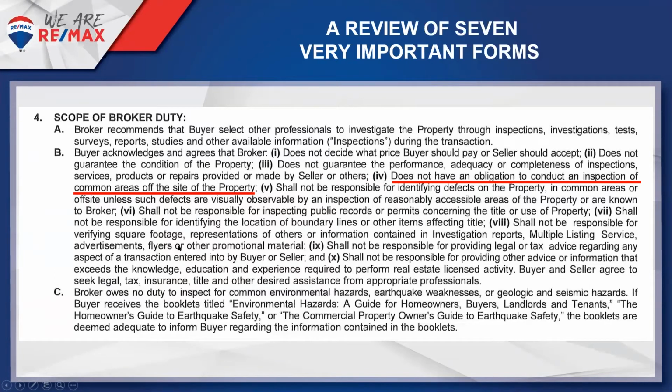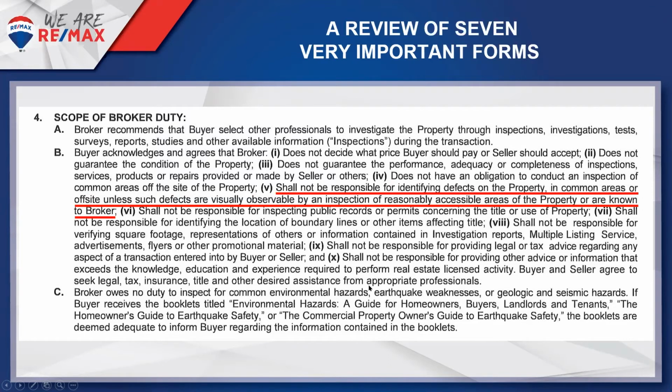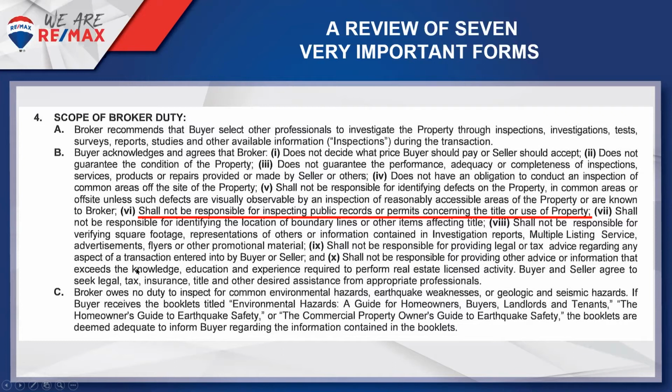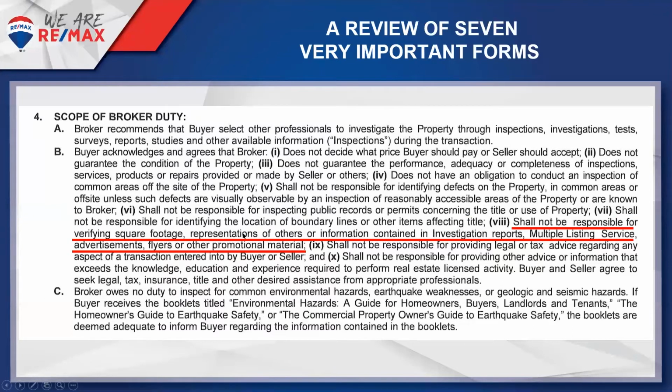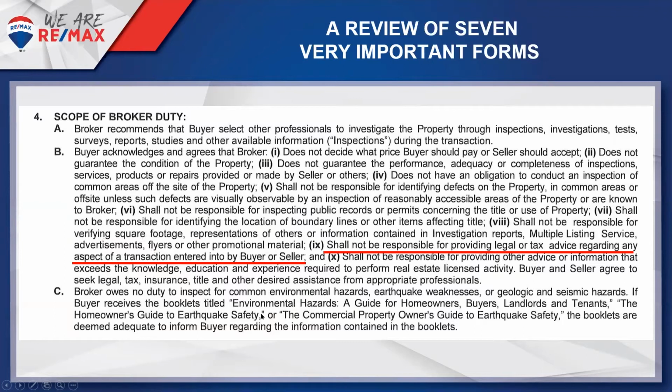It does not obligate them to conduct an investigation or inspection of common areas, and they are not responsible for defects in common areas or off-site defects not already aware of, not responsible for looking at public records, especially permits, not responsible for locating the boundary lines, not responsible for square footage representation, not responsible to give legal or tax advice. This is nicely listed on this form of what you're not going to do.